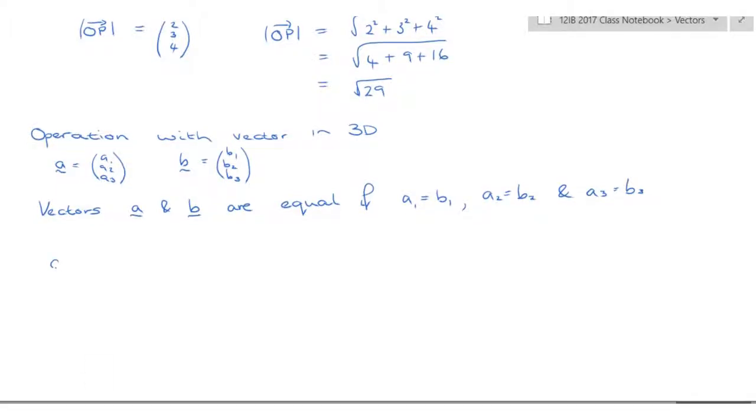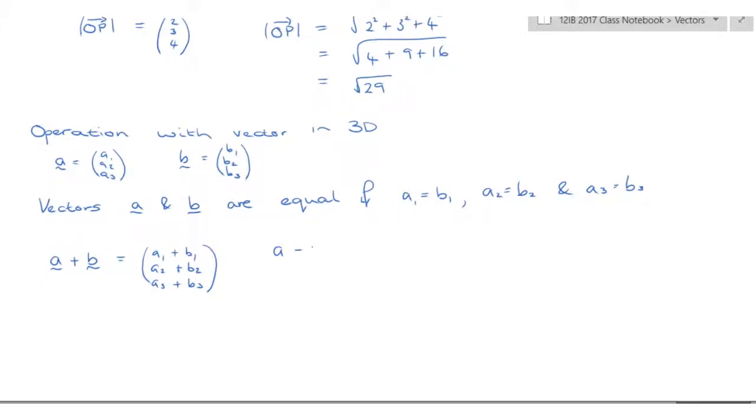And we can also add our vectors. So if we add vector a to vector b, we end up with a1 plus b1, a2 plus b2, and a3 plus b3.